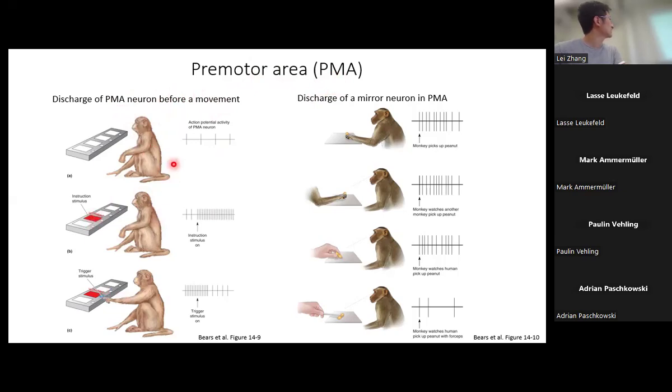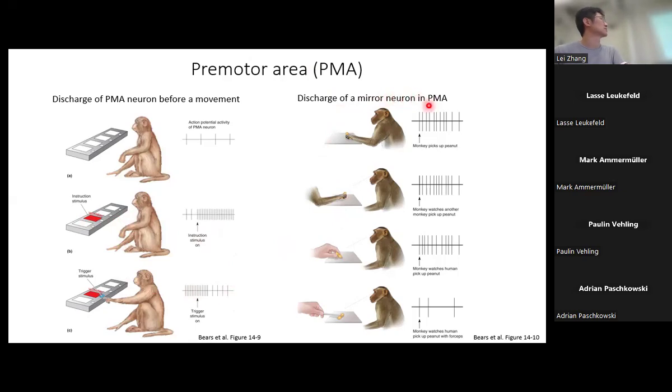Before the movement, when the stimulus is on, even without any movement, these neurons in the PMA area already fire. But when the monkey starts to move, the firing stops for these PMA neurons. So it seems that this neuron is related to movement preparation, but not to the movement itself.